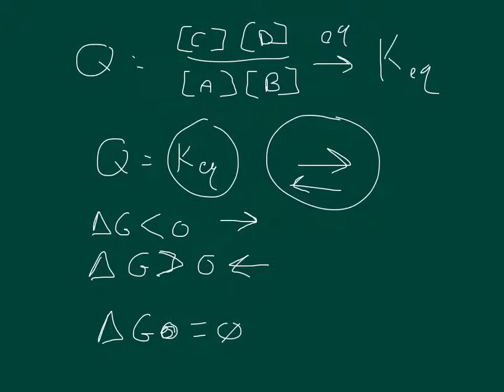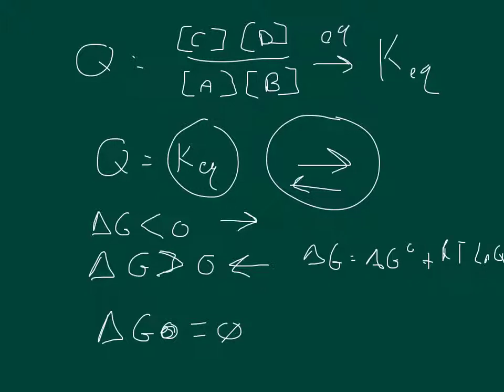So let's take our equation. Delta G is equal to delta G standard state plus the gas law constant times the temperature times the natural log of Q. And then let's set our reaction at equilibrium.